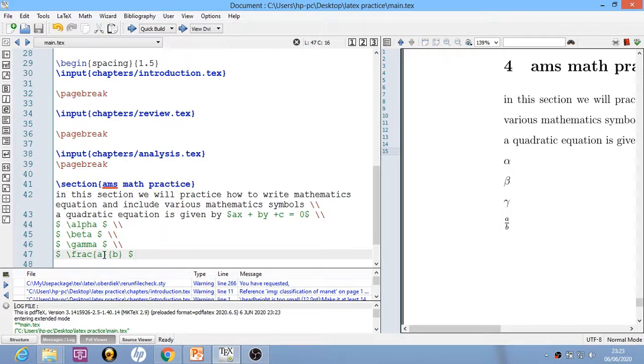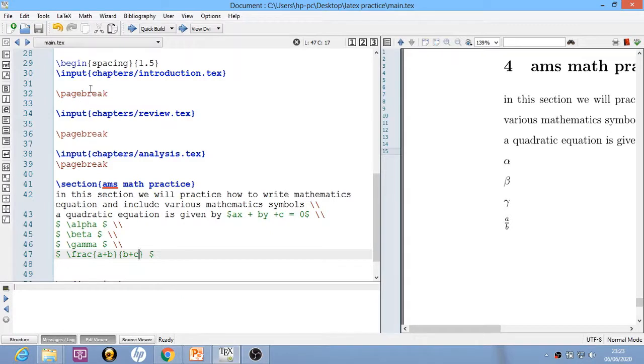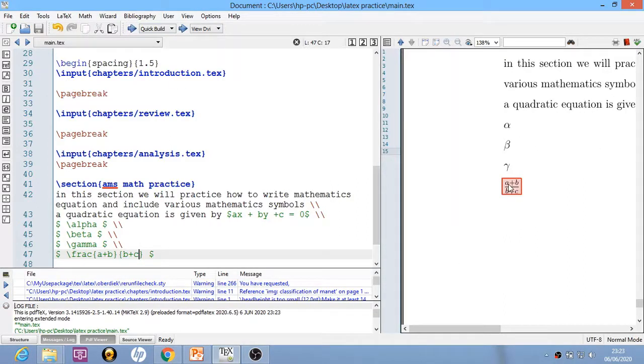Now suppose you want to write a plus b upon b plus c, so you will write it in this way: frac, curly bracket a plus b, curly bracket close, and the next curly bracket open and b plus c. Now let us compile this code. Okay, so in this way you can write the fractions also.